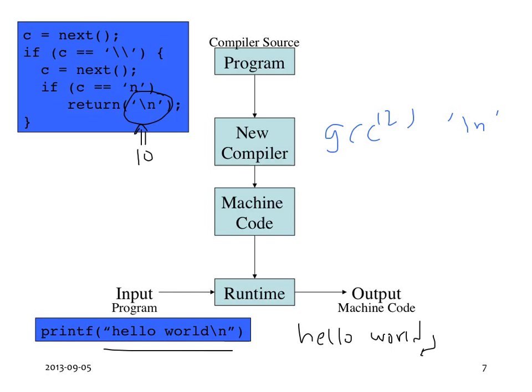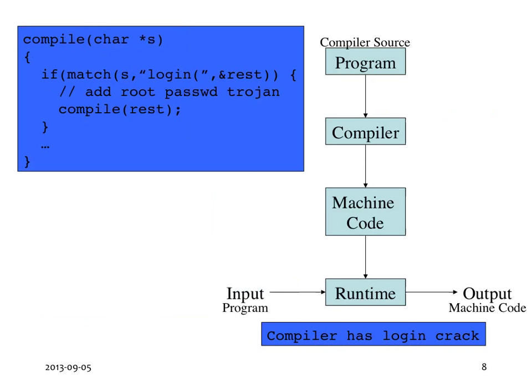So by magic, we've trained the compiler to know what \n means, with this iterative process of replacing the binary.